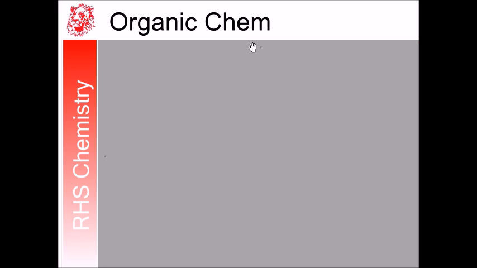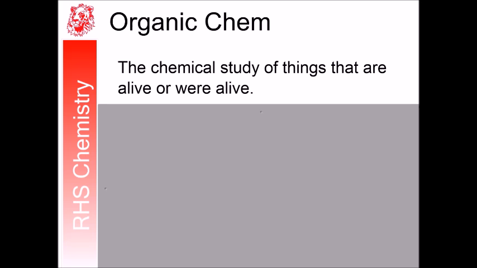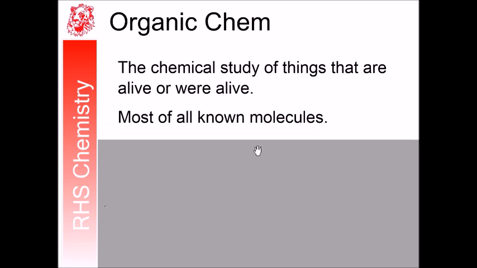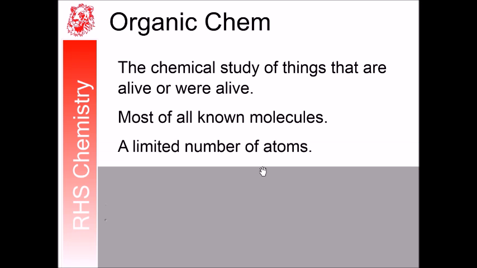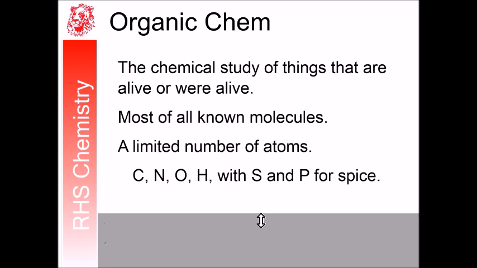Organic chemistry is the chemical study of anything that was or is currently alive, which really means the area is quite wide open. Take all the molecules known to man and put them in one great big book. The vast majority of them would be organic. The nice thing is it uses a limited number of atoms. There's a whole bunch of elements on the periodic table, and out of those, we only focus on a few short pieces: C, N, O, H, and a little bit of S and P for spice in there, a few little halides.